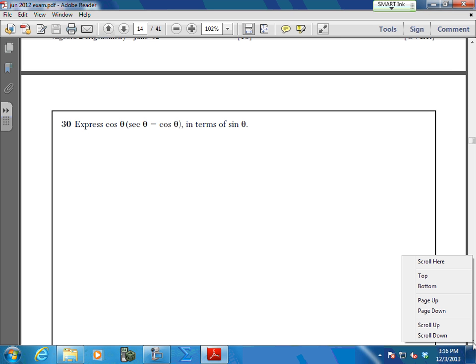Okay, here's a nice little trig one where it looks at your identities. If you remember, cosine and sine are the lowest you can break down. Secant is 1 over cosine. Distribute this, so you get cosine over cosine minus cosine times cosine is cosine squared.